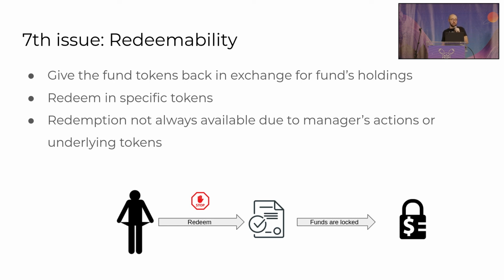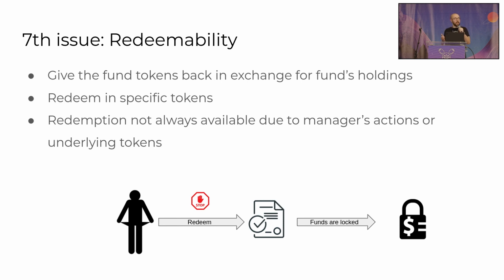But the most important thing about redeemability has to do with the availability for redemption. There are many actions of the manager that can completely block redeemability. For example, imagine that I'm a manager and I take the full value my fund holds, and I use it as collateral to get a loan.